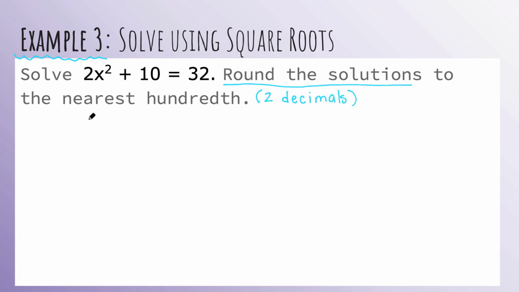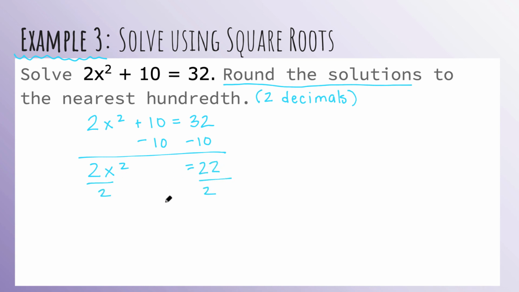Okay, so let's rewrite this quadratic: 2x squared plus 10 equals 32. What's the first step? Hopefully you said we're subtracting 10 on both sides, and we're left with 2x squared is equal to 22. We're going to divide both sides by 2, again showing all of our work, and we get x squared is equal to 11.